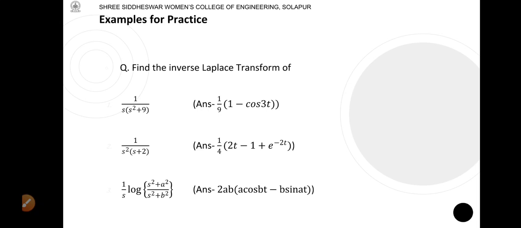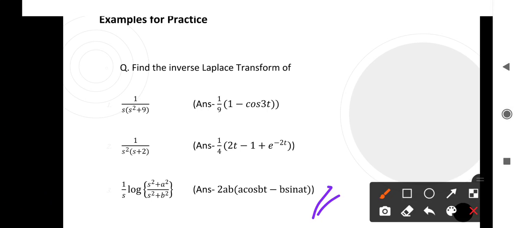So you have to first find the inverse LT of this log of s square plus a square upon s square plus b square using that method, then apply the 1 upon s factor, so that you integrate the latest f of t within the limit 0 to t, and check whether you are getting this answer or not.